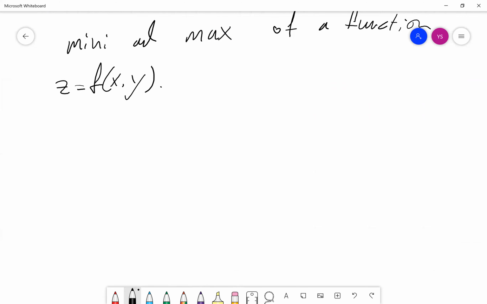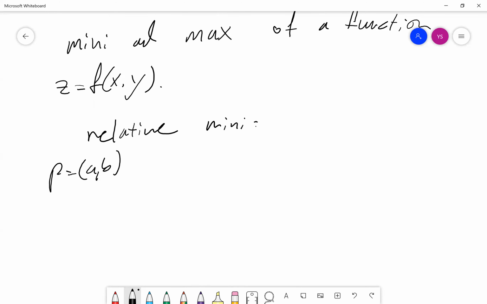And so first, the definition for a relative minimum is the following thing. It's the point (a, b).